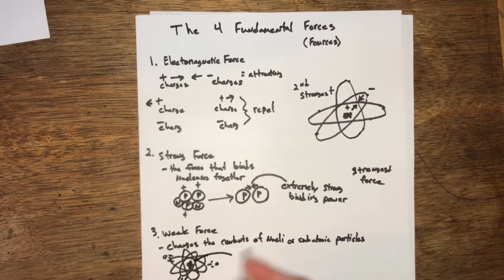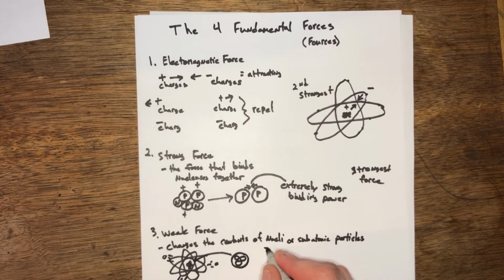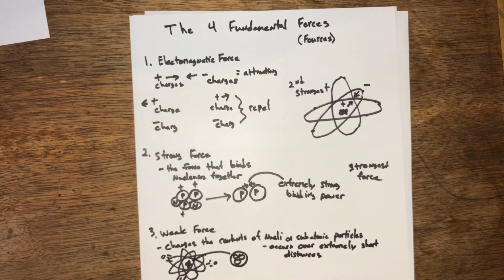So if we were to zoom in inside of an atom, this is supposed to be a proton, right? Protons and neutrons are made up of quarks and other subatomic particles. So the weak force occurs over extremely short distances. So even though we have the strong force, which is very, very strong, holding the atom together, the weak force can, under certain circumstances, cause particles to be ejected, right?